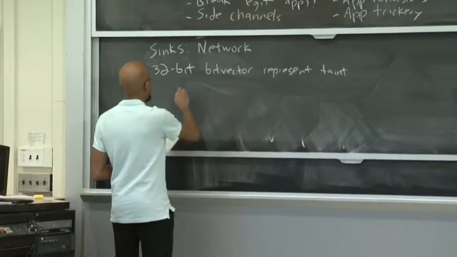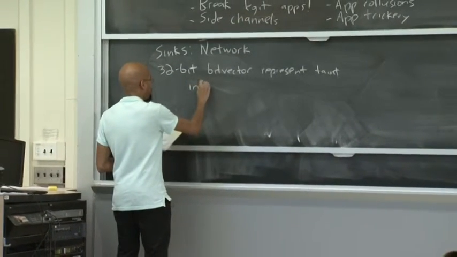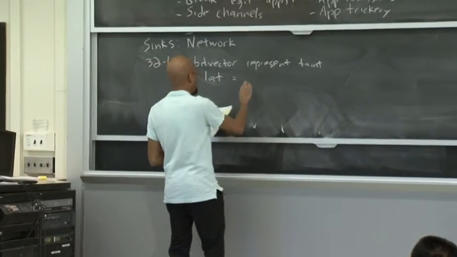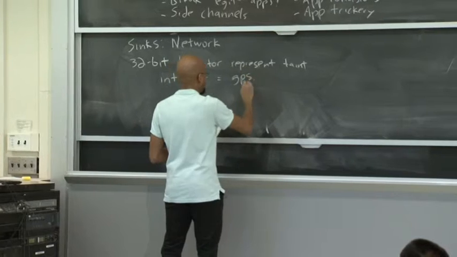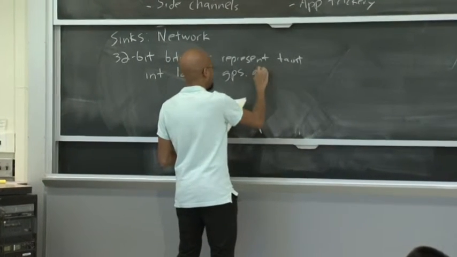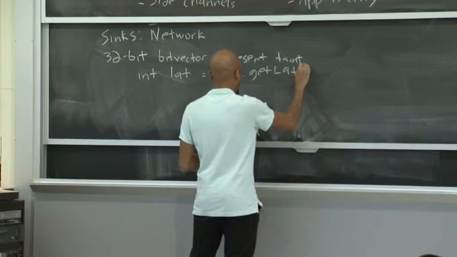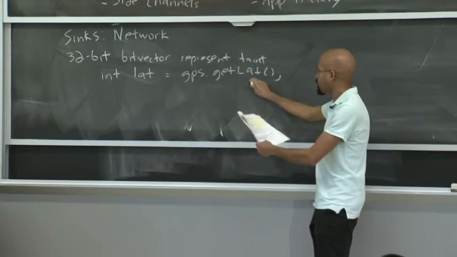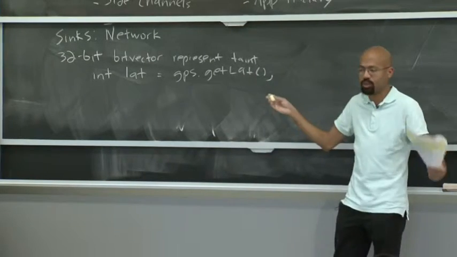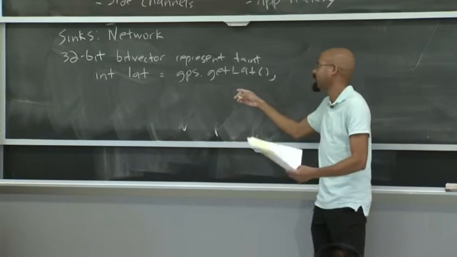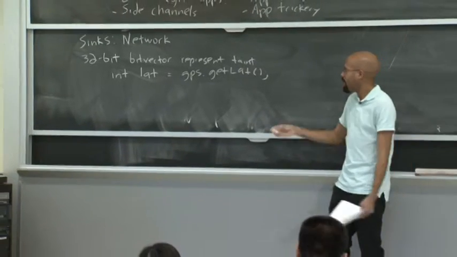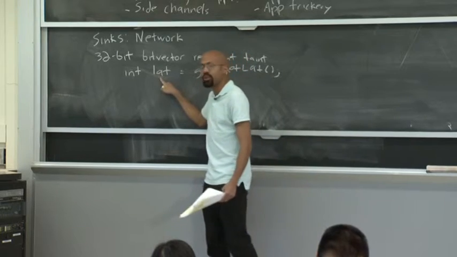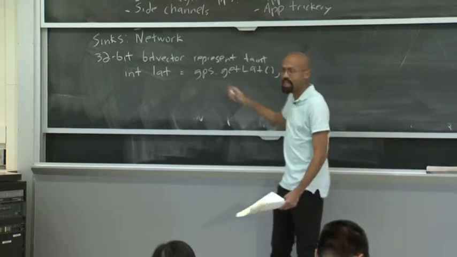As a very simple example, if you declare an integer variable that's going to get your latitude, and then you call GPS.getLatitude, this is going to generate a value that has some taint associated with it. Some particular flag will be set that indicates that, hey, this value I'm returning comes from this sensitive source. And so the taint will come from the right-hand side and go over to the left-hand side, and now lat is actually tainted.